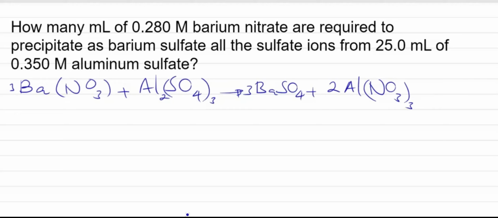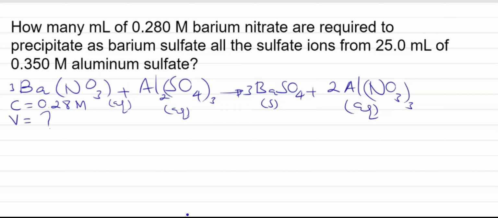In this case, we have been given the concentration of barium nitrate, 0.28 M, and it's aq, it's a solution. That's aq, that is a precipitate, that's solid. That's another aq. The volume is what we're trying to find out, so put a question mark.